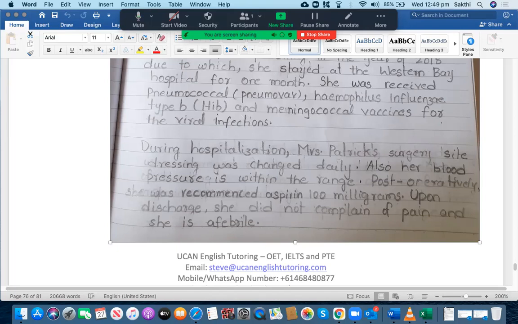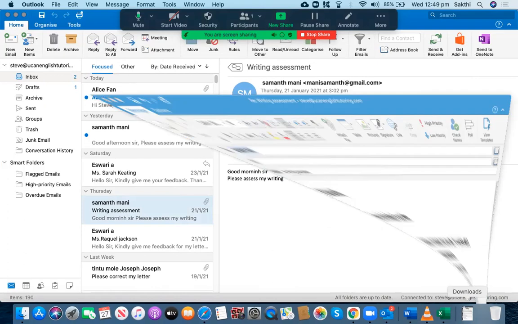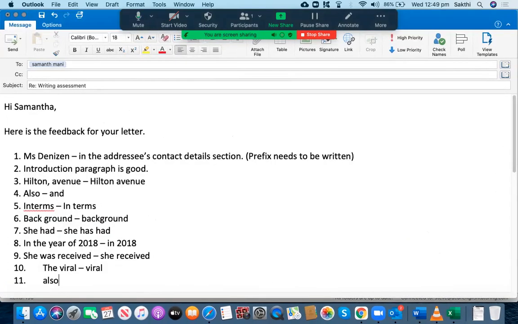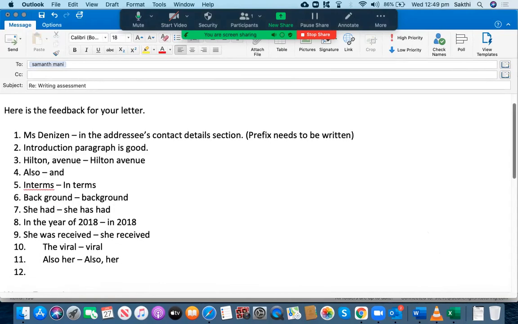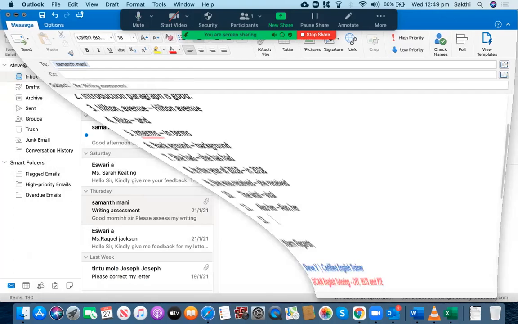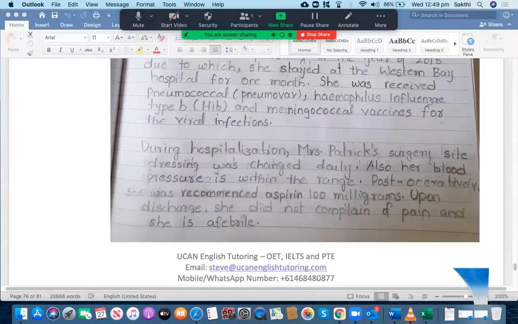Also her blood side dressing. Okay, also her blood. Also, there must be a comma. When you look at this, it must be also, comma, her. There must be a punctuation mark in between. She should have used a comma in between, but she didn't do that. Let's go to the next one.